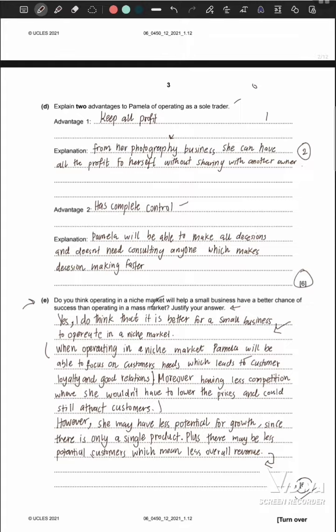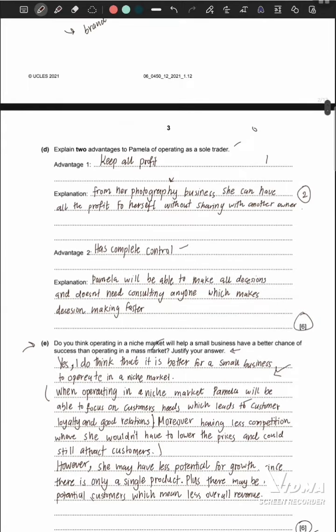You can still add for the justification: however, I still think niche market is a good idea for her. Well, the obvious reason is because she has a small business. It is a better chance for success, especially if it's a new business. But for Pamela here, it is not, as she's been there for 30 years.